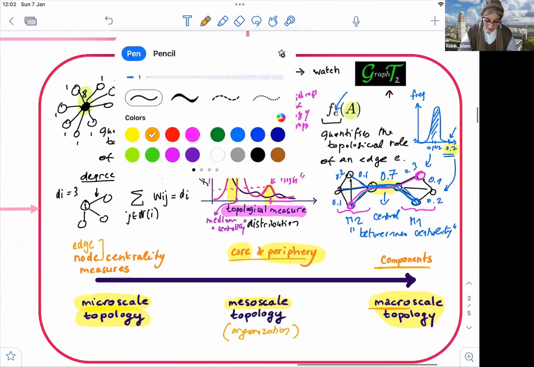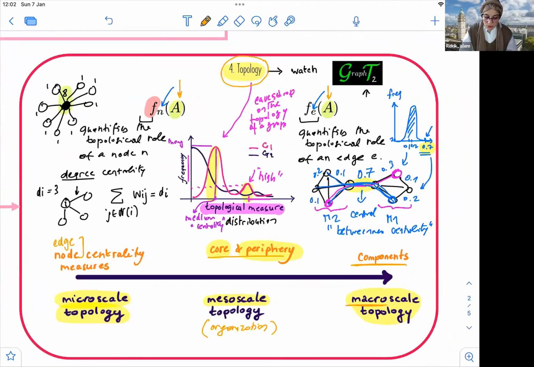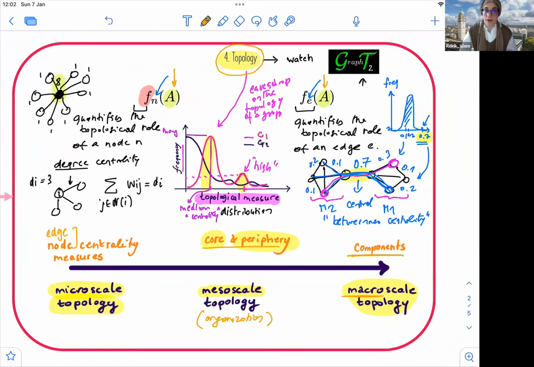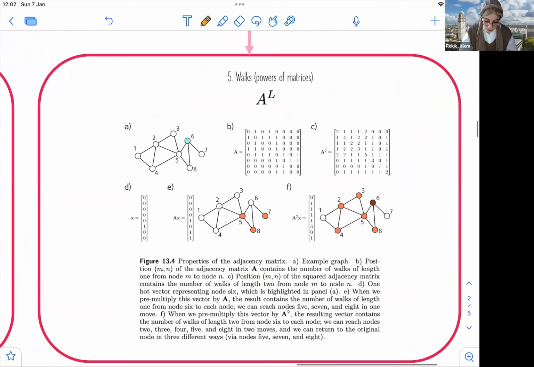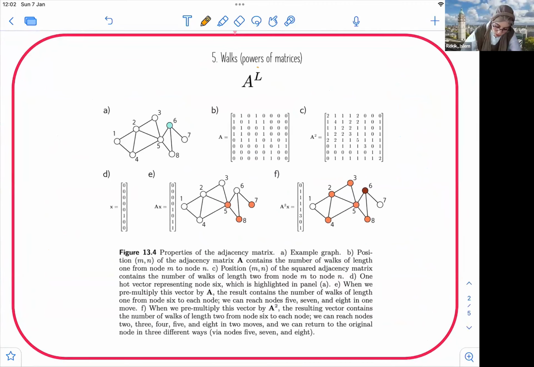If we feed the matrix into a function that quantifies topological measures, we can derive distributions, and based on those distributions, we can understand the structure of the graph. And now we look at the power of matrices. When you raise this matrix to the power of L, what does it tell us about the graph itself, or edges and nodes in the graph?